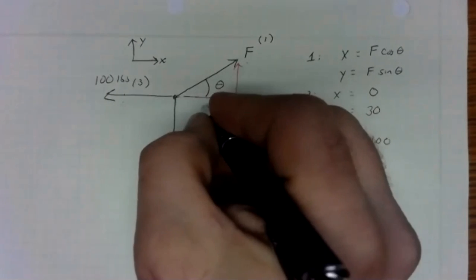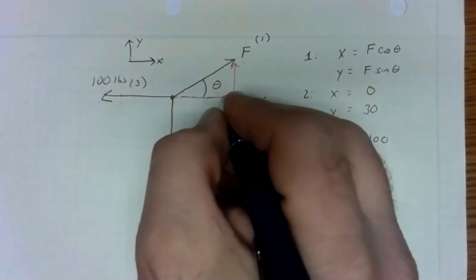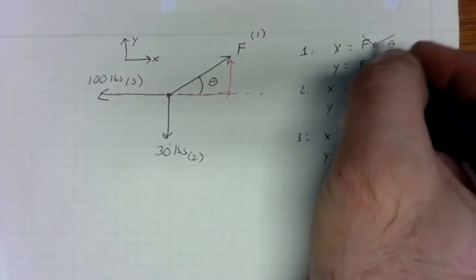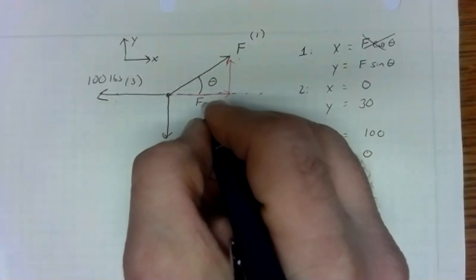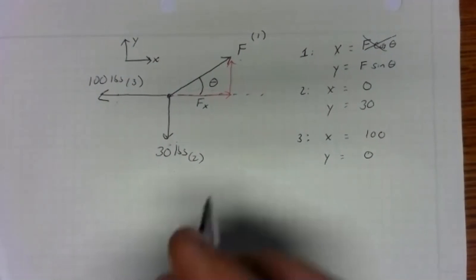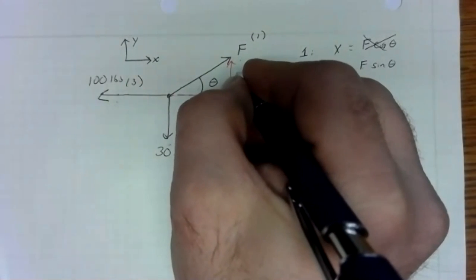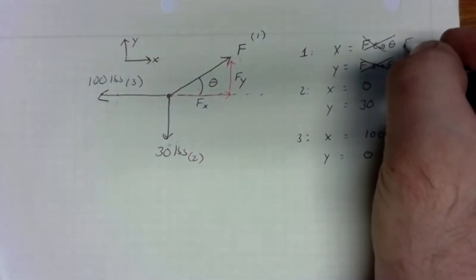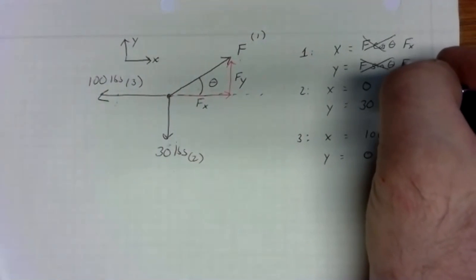So what I would do here is say, this horizontal piece, I don't know what it is. And rather than writing it as F cosine theta, I'm just going to write it as Fx, the X component of my force. And then same over here, I'm not going to write F sine theta. I'm going to write Fy.